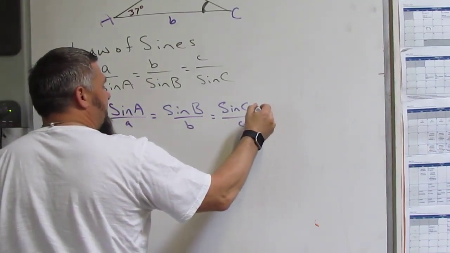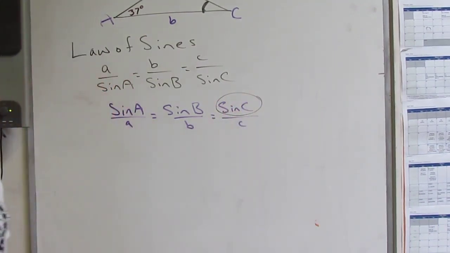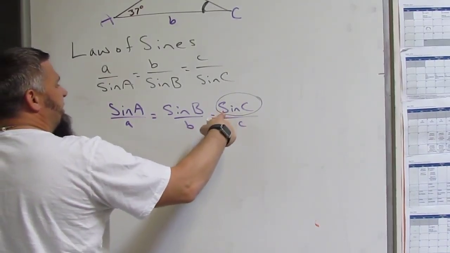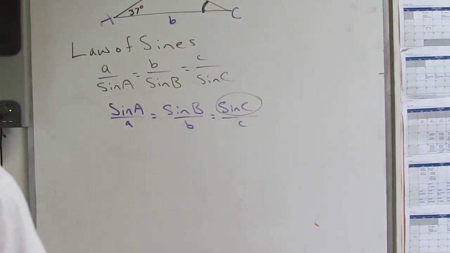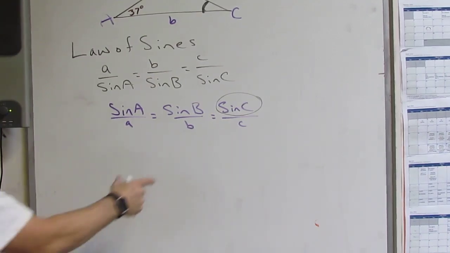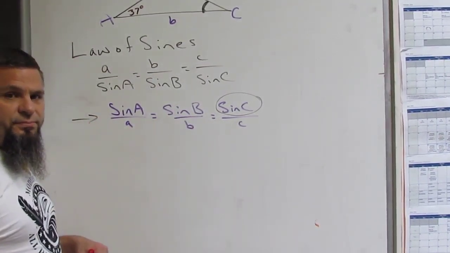Do I want this on top or do I want it on bottom if I'm looking for it? If I'm looking for it, I want it on top. If you don't know it, you want it on top. Okay? So we want to use this one.